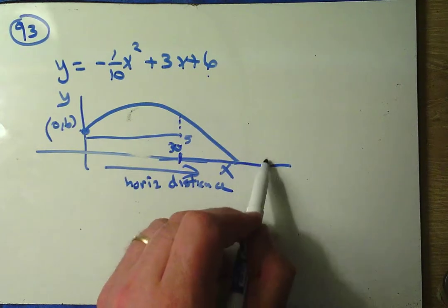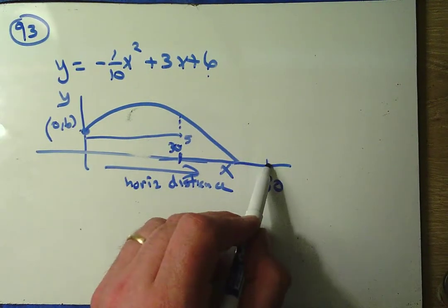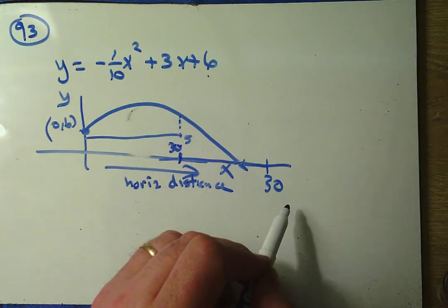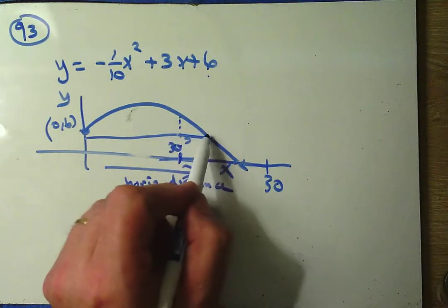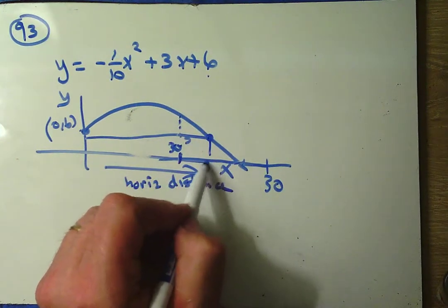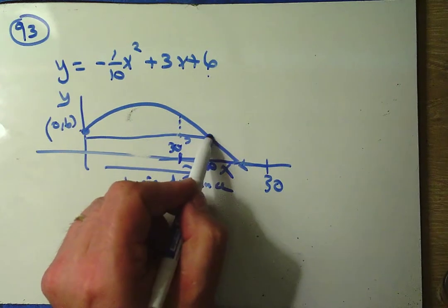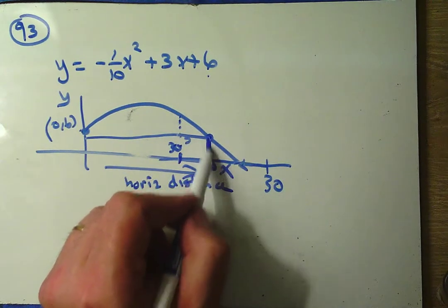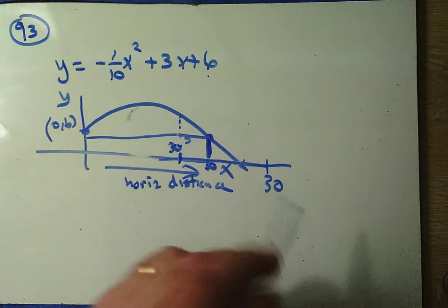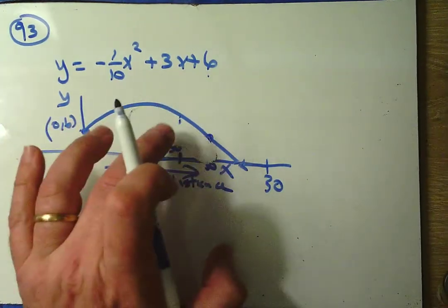Or maybe 30 is over here, in which case they're going to have to walk over here to pick it up off the ground. But maybe 30 is here, where the 5-foot child would just be able to catch that. So I'm going to have to think about this.